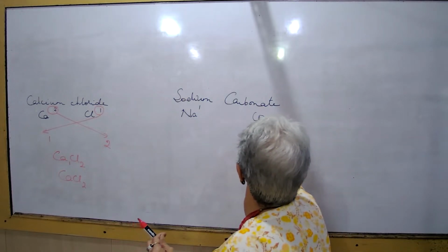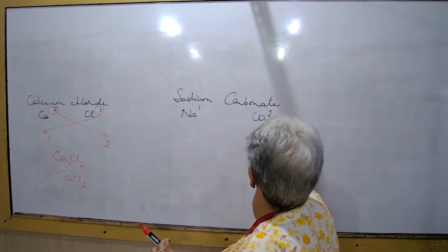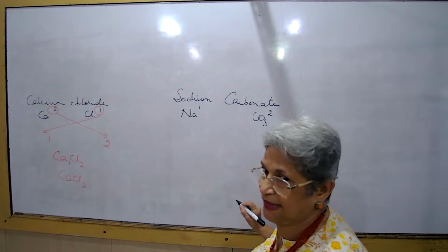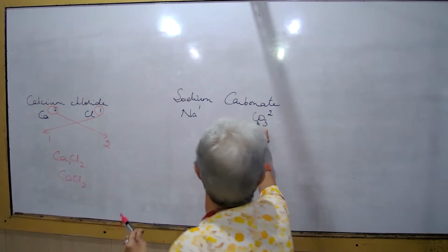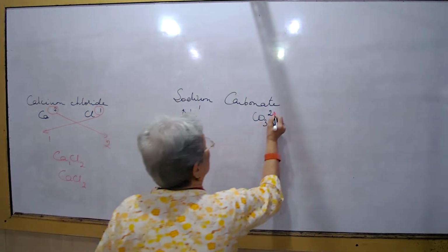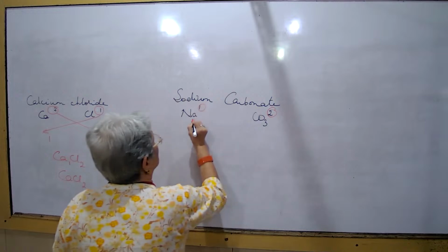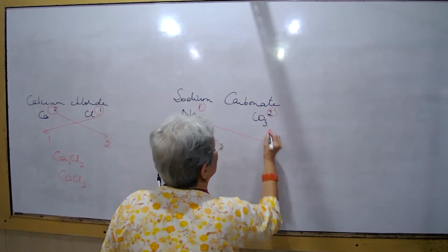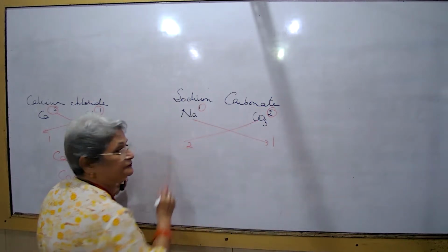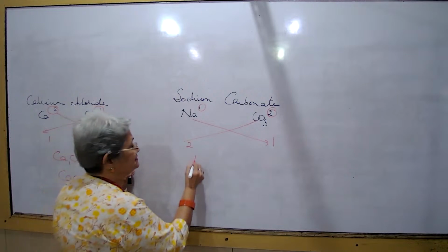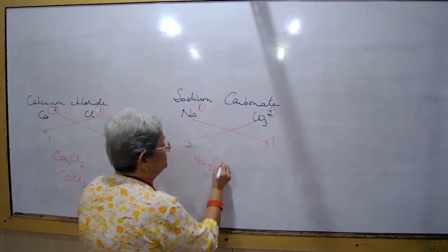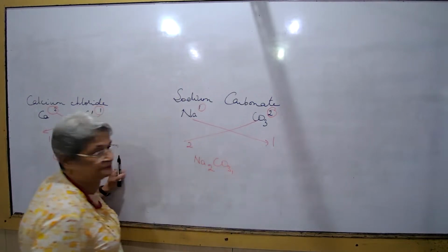Carbonate, CO3, and it is 2. Now this 2 and this 1. This will come here, 1. This will go 2. So it is Na2, CO3, 1.